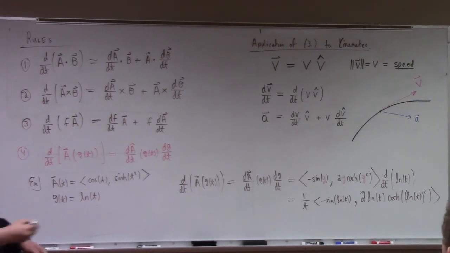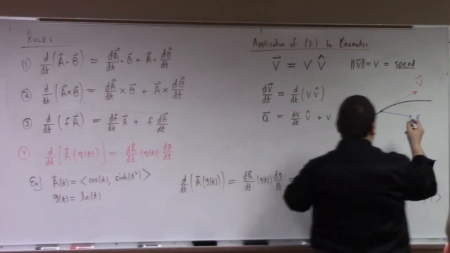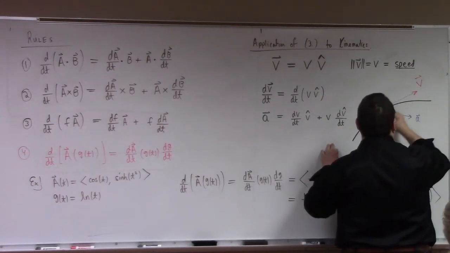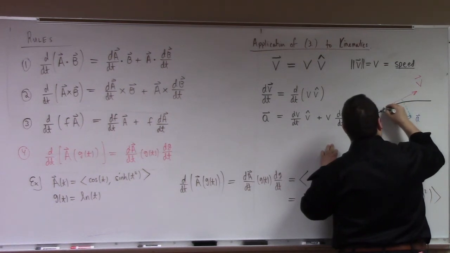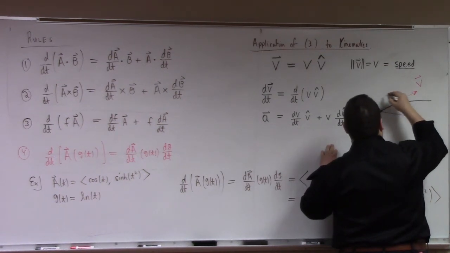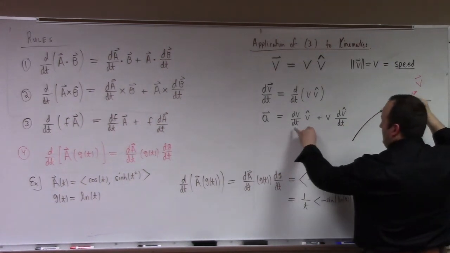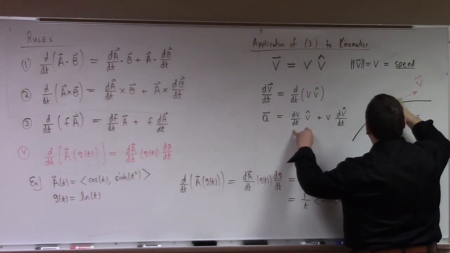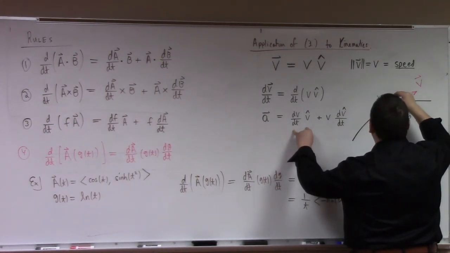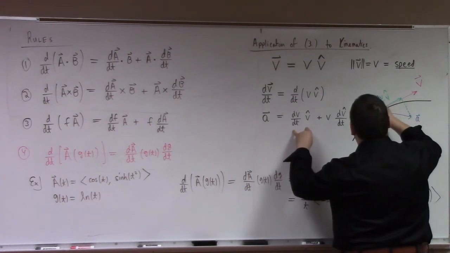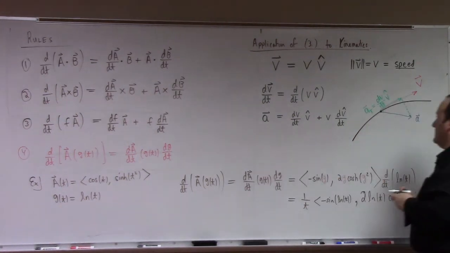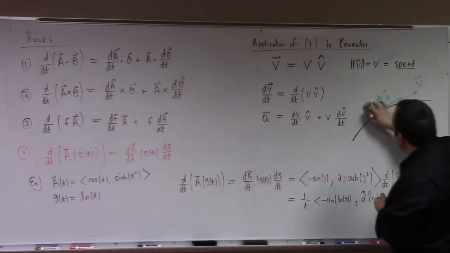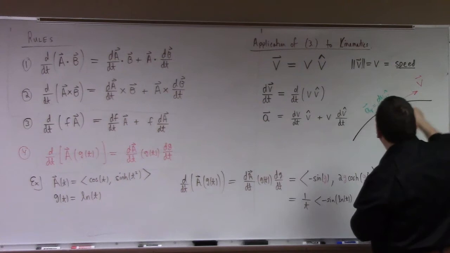So the tangential piece of the acceleration is this guy right here. It's dv/dt times v hat. Sometimes this is called the tangential component of the acceleration.